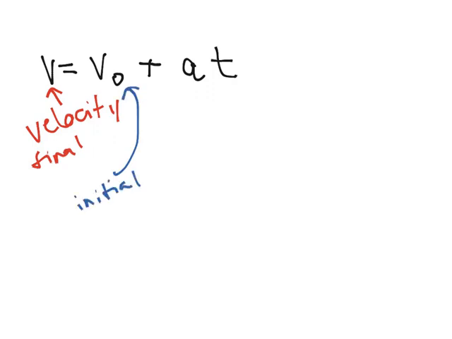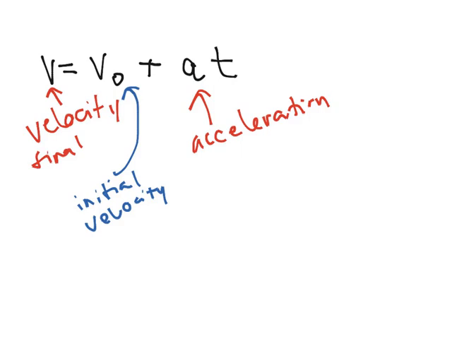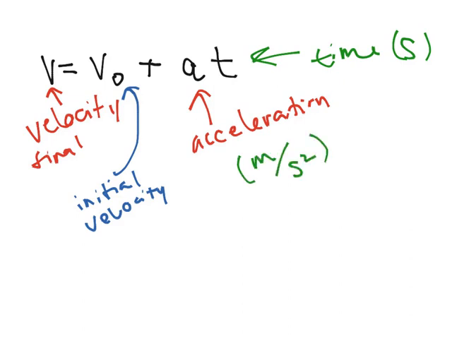So what speed did it start at? Also, we have our acceleration, and t is time. So remember, time is in seconds, acceleration is meters per second squared, and velocity is in meters per second.